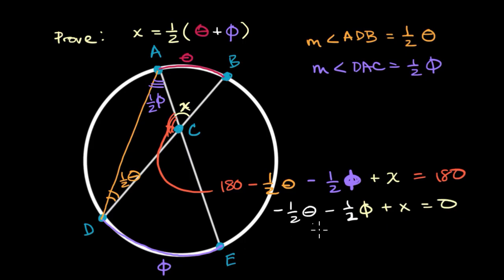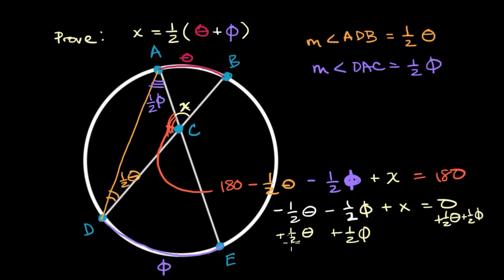And then what we could do is add 1/2 theta plus 1/2 phi to both sides.